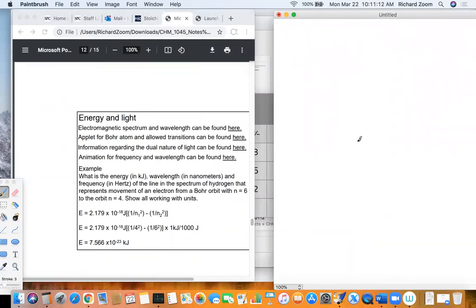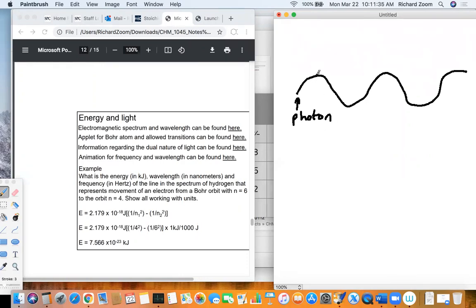First of all, let's talk a little bit about light. Generally speaking, when we talk about light, it's viewed as a very small particle called a photon that travels as a wave.